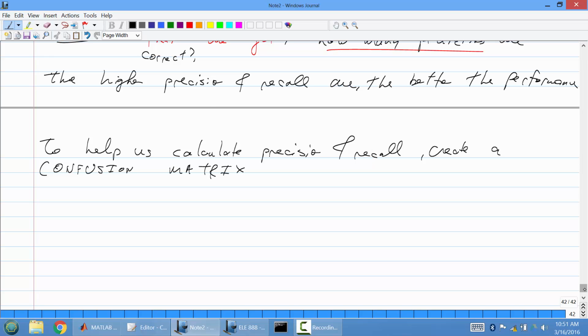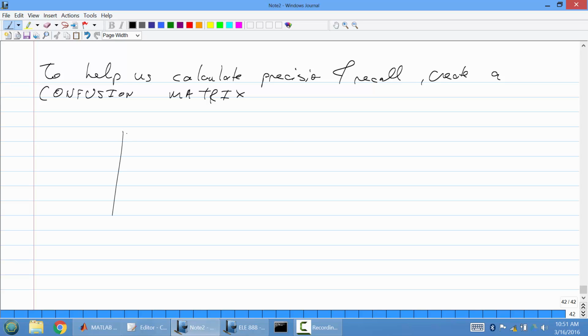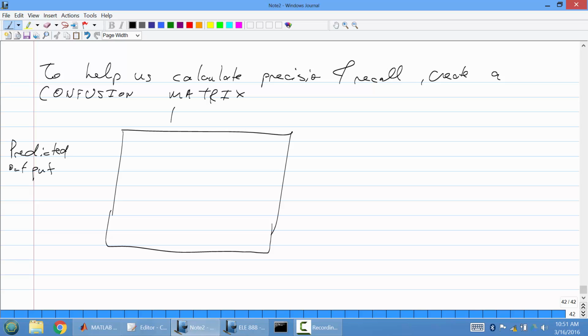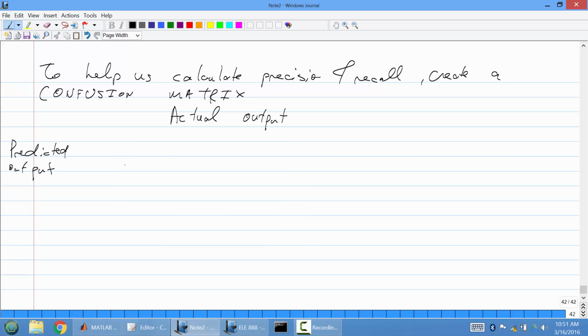A confusion matrix is very simple. It's going to be a 2x2 matrix. Here's the predicted output, and here's the actual output. Okay, so y equals 1.